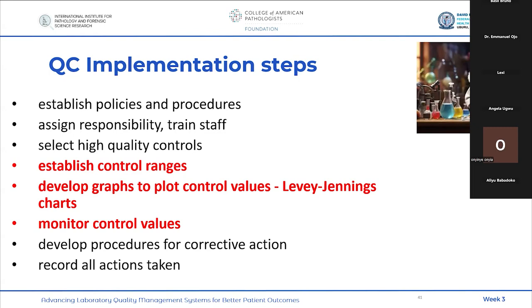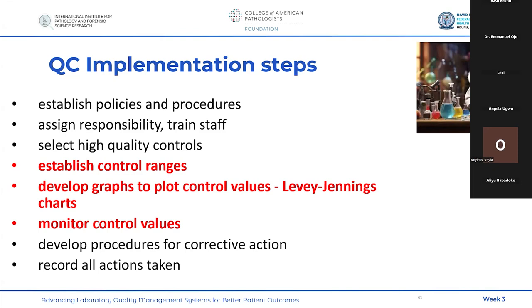Of course, we talk about selection of quality control materials, looking at the one that will serve you and the one that is suitable for the intended purpose of that assay. Then, of course, we establish control ranges. We are going to see an example of how to go about that, especially when it is a new lot.